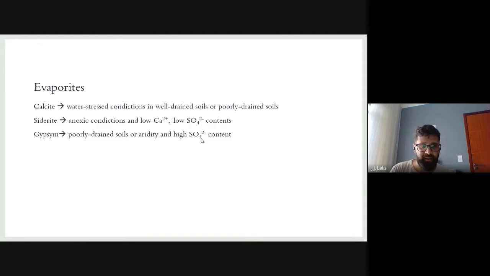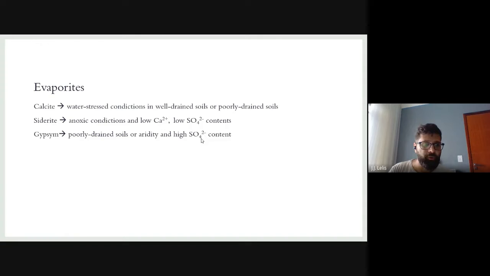Why am I saying that they generally have a low content of sulfates? Because the content of sulfates depends especially on the climate and the rock, the parent material of the soil. If you have arid or semi-arid conditions, even if you don't have a rock with a high content of sulfate, you can concentrate sulfate and form a soil that has a high content of sulfate.